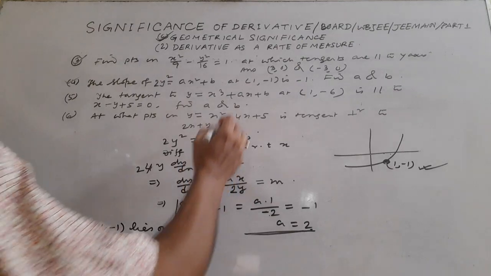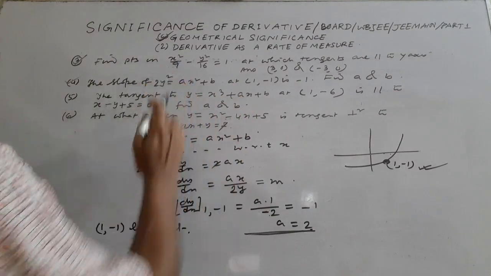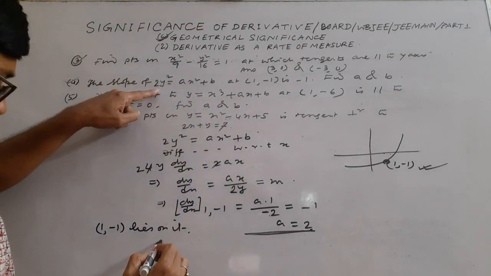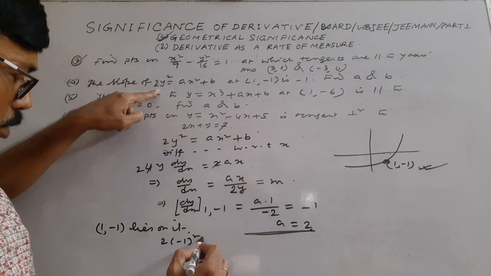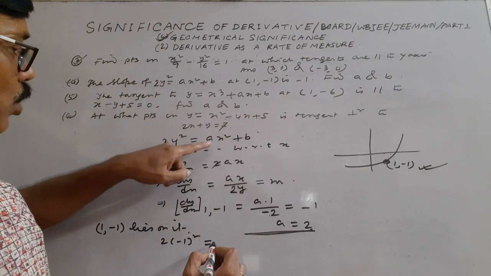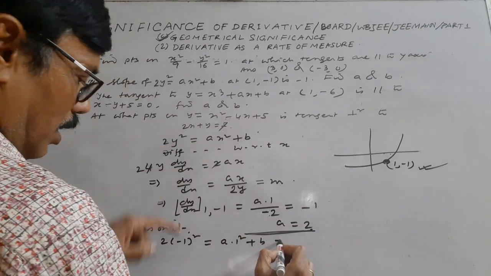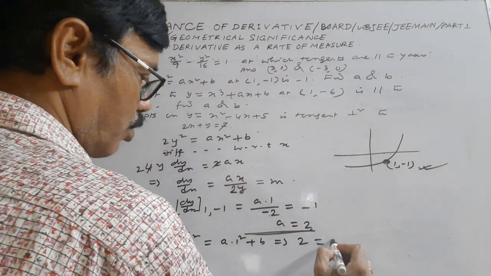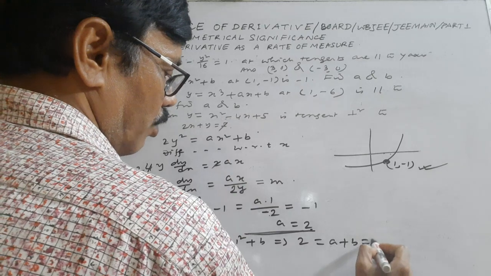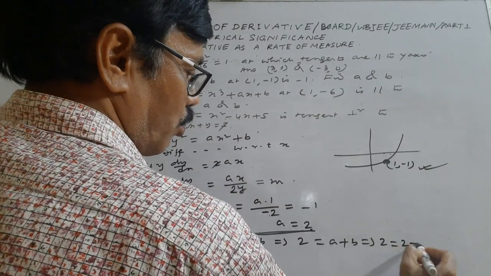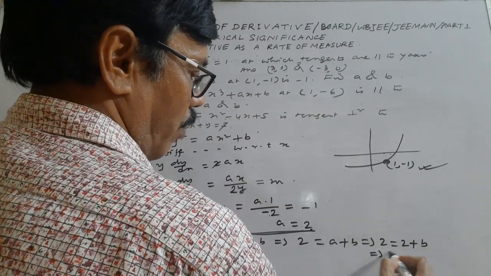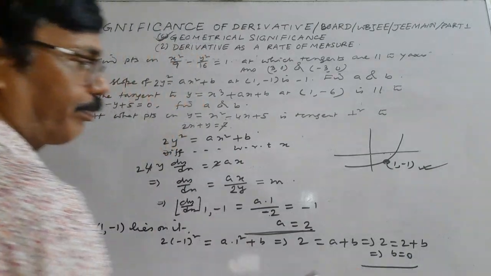Therefore put y equals -1 and x equals 1. 2 into (-1) whole square equals a into 1 square plus b. This implies 2 equals a plus b, so 2 equals 2 plus b. Implies b equals 0.